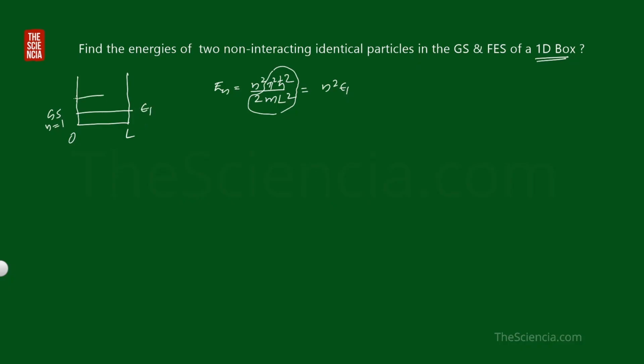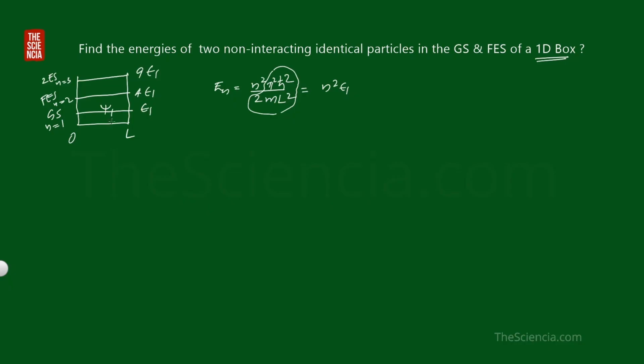Okay, second, first excited state. For first excited state, n equal to 2. That is, n square is 4E1. And the other state, that is the second excited state, n is equal to 3. That is 3 square E1, that is 9E1.